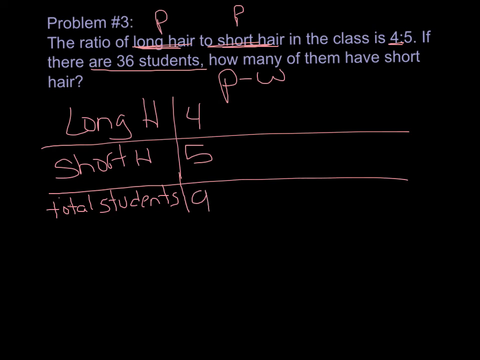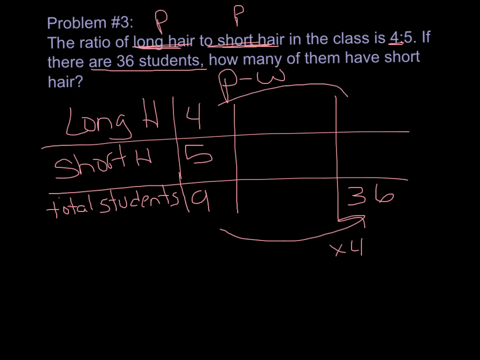The problem is asking me to figure out how many short hair students there are out of 36. And again, I'm going to skip an extra space just in case you're not as comfortable with your 9 times table and you have to take an additional step in between 9 and 36. In this case, I know that 9 times 4 is 36.